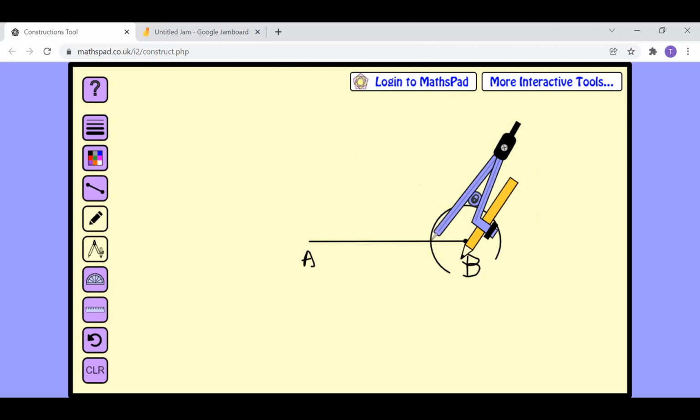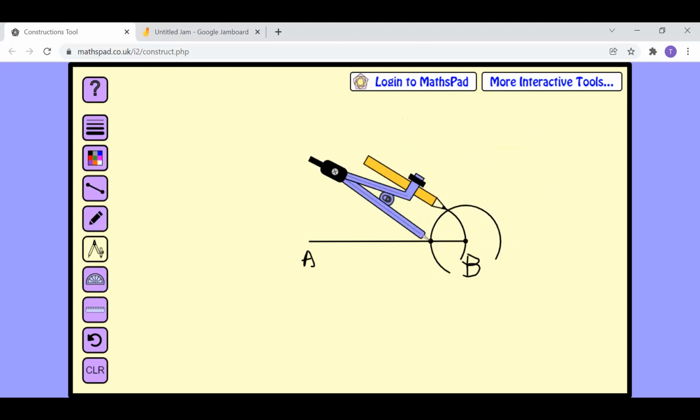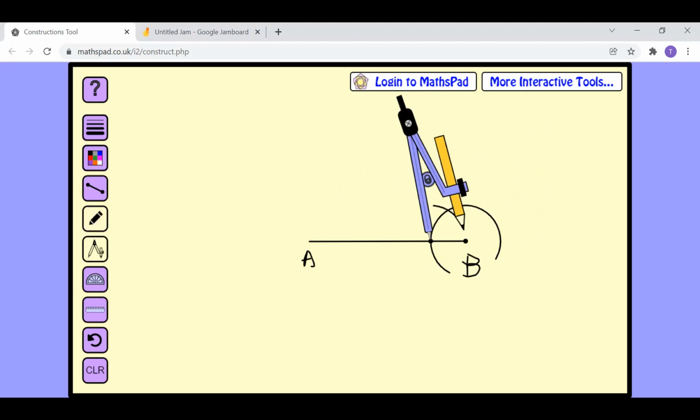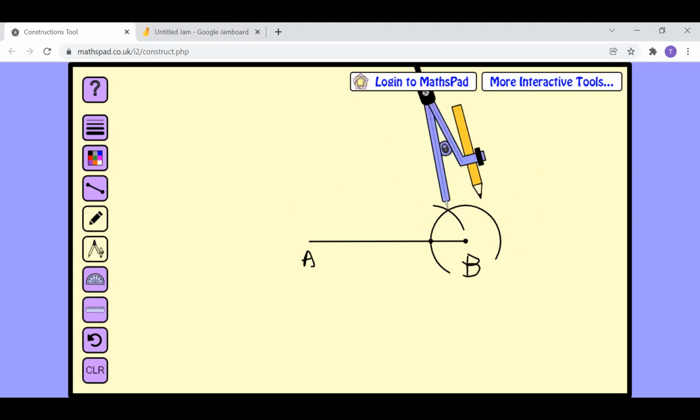Alright. Now I made one arc here, and a second. Can you see my arc? Yes. Now I'm going to put my pencil here and make one more arc.